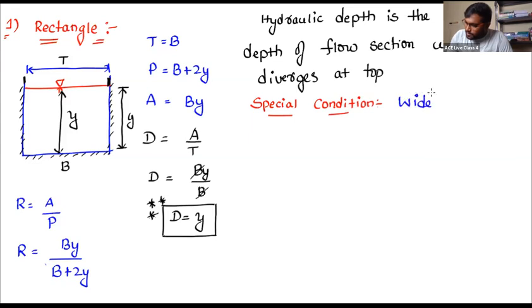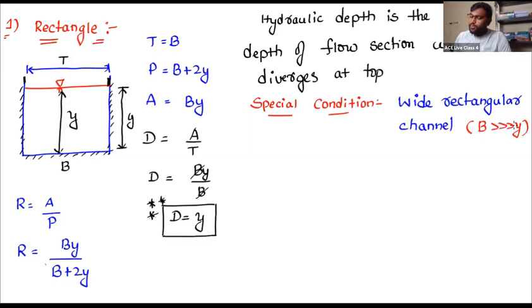The wide rectangular channel, where B is much greater than y. Then what is going to happen to the hydraulic parameters? Our point is to look over the hydraulic parameters only. Don't remember this R value, but you need to remember this D. So for the special conditions, what is going to happen?